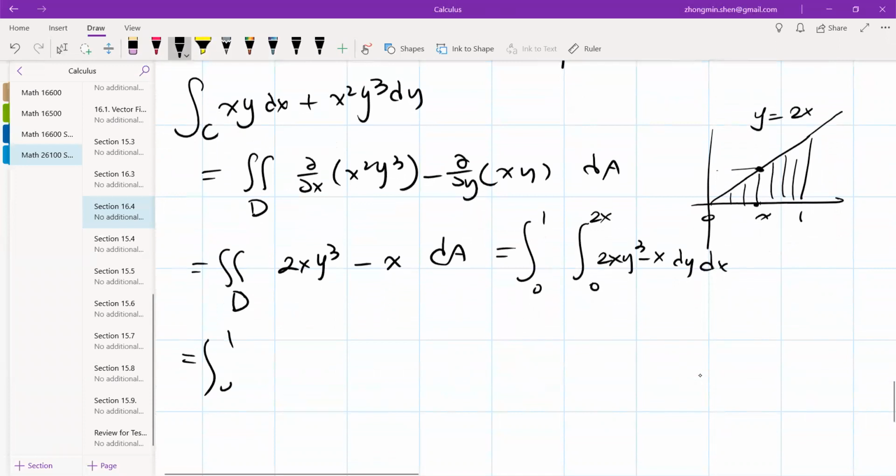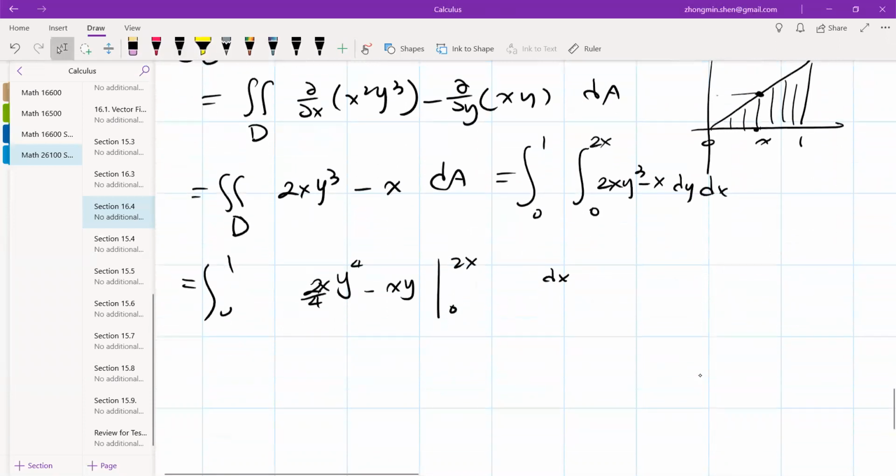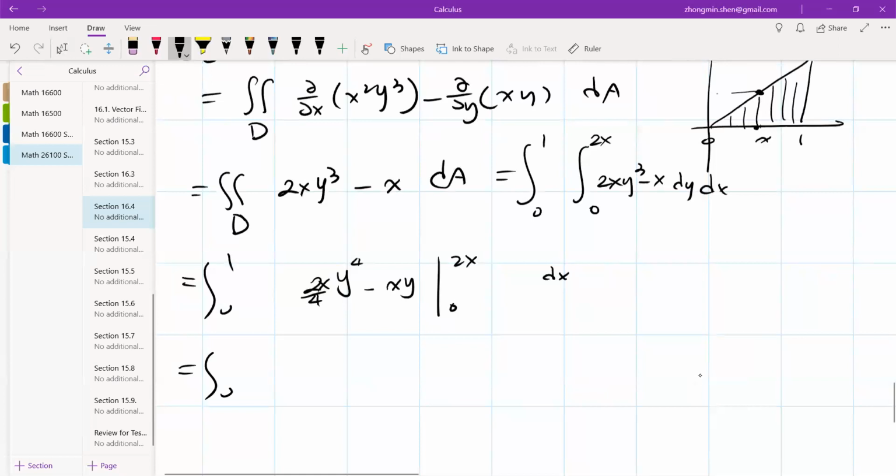So inside here, be careful. X is a constant. Y is going to be the variable, so I have to divide by 4 minus x times y. Evaluate the two endpoints. Okay, so you plug 2x in for y. I get 1/2 x times (2x to the 4th power) minus 2x squared.